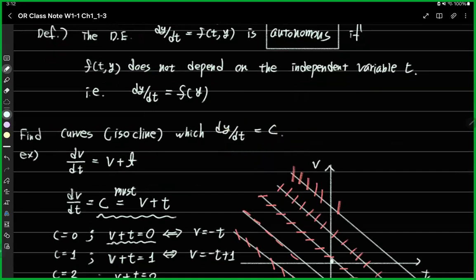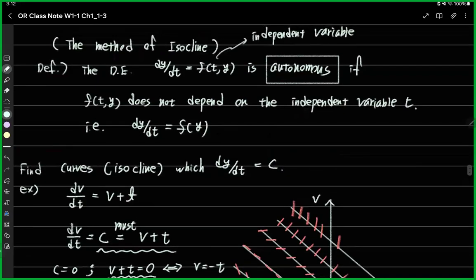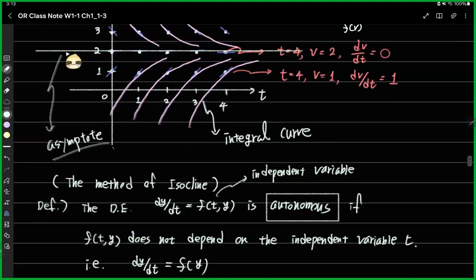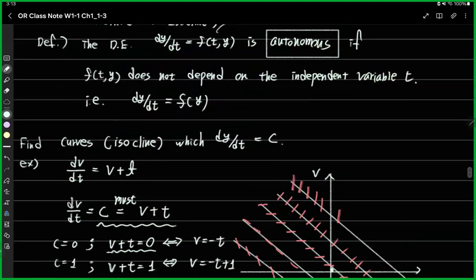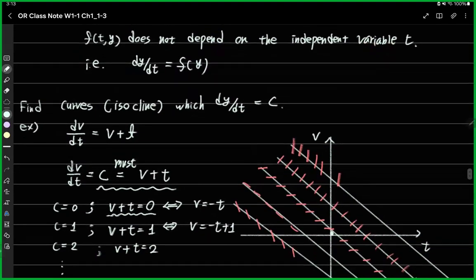Okay, so this is the special case: a horizontal line is also an isocline. So especially in the autonomous case, the isocline must be a horizontal line.